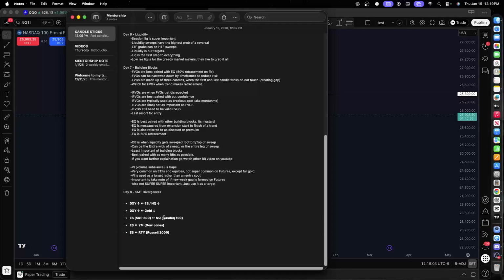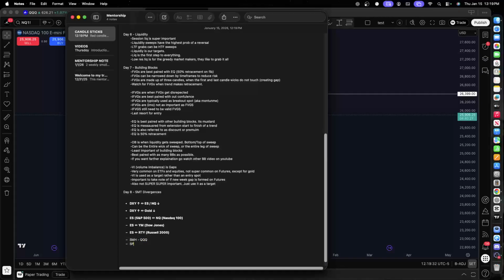Correlating assets: ES and NQ, ES and the Dow, ES and RTY, the Russell or IWM, right? And you could even go as far as saying SMH, right? QQQ and SMH would probably be another one for equities that I'd put on here. So you could do SMH to QQQ, right?